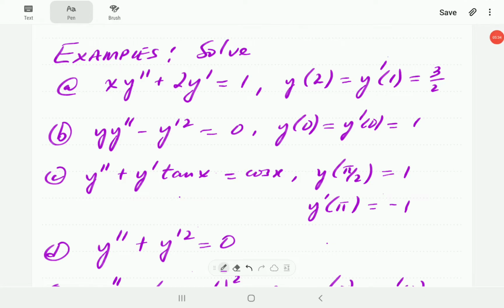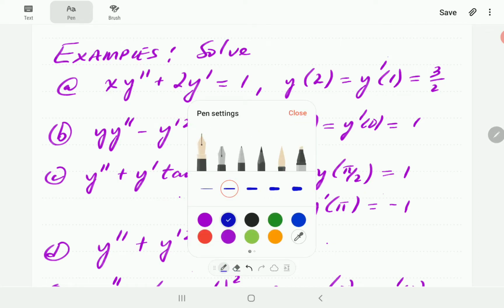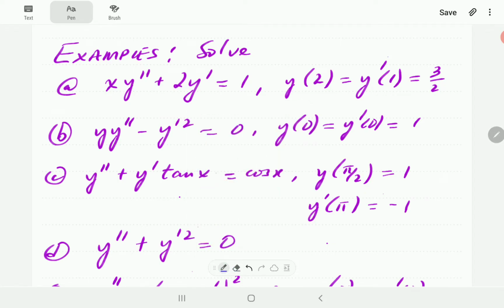All right, so we have got 5 examples here. The first one is a boundary value problem. The second one is an initial value problem.